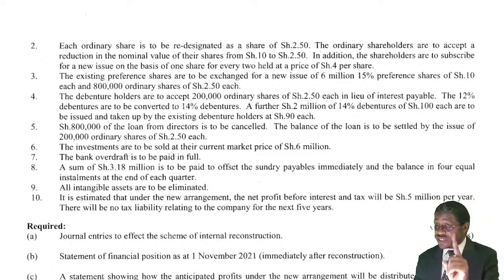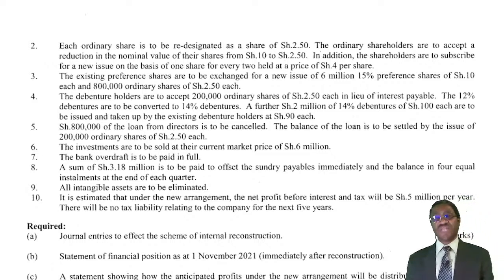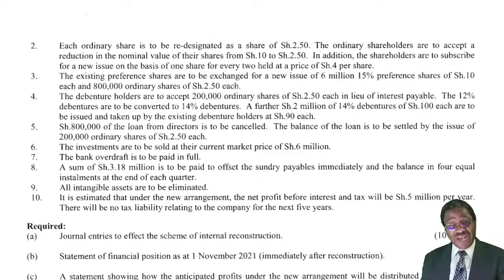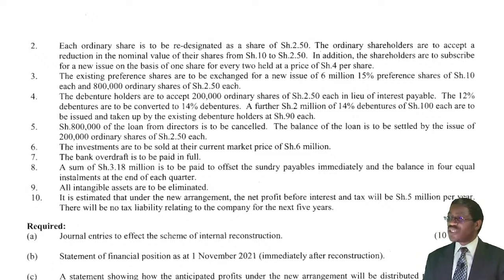And don't forget, listen, the question is not asking you for ledger entries. The question is asking you to show journal entries. When you do ledgers when the question wants you to do journals, you don't get anything.